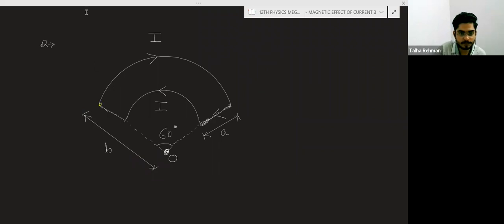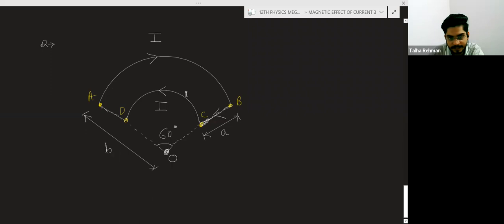You can suppose this point as A, this point as B, this point as C, and this point as D. So you have actually 4 wires.